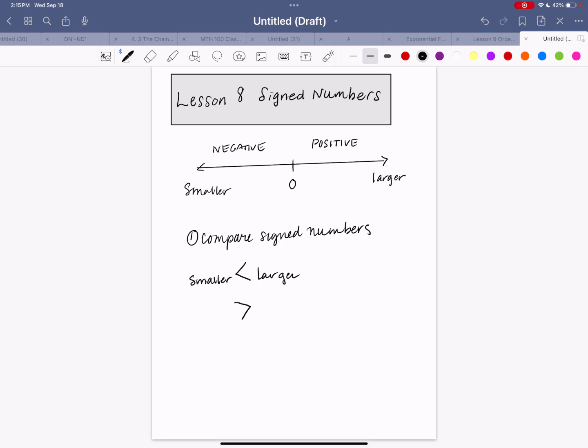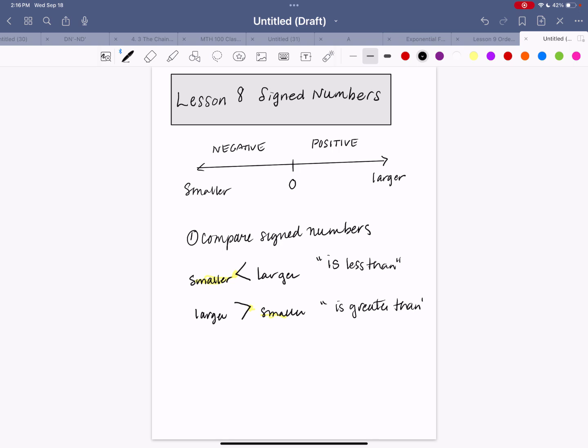If you have this symbol, the larger number is on the left and the smaller number is on the right. So the key is that the point always goes toward the smaller number, okay? So this symbol is less than, and this symbol is greater than.